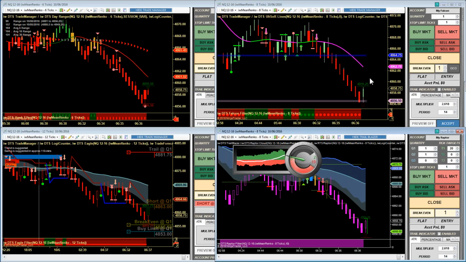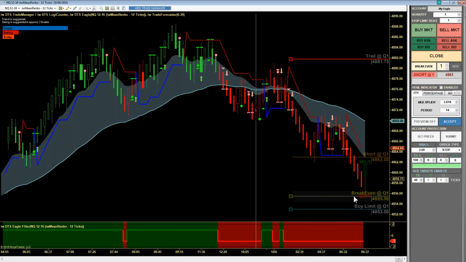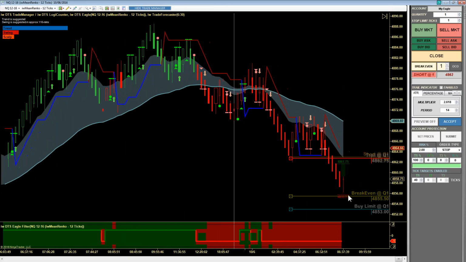All right, this trade's close enough to my break-even trigger. I'm going to force the trade to break even. You can see we're literally a couple of ticks from the break-even trigger.